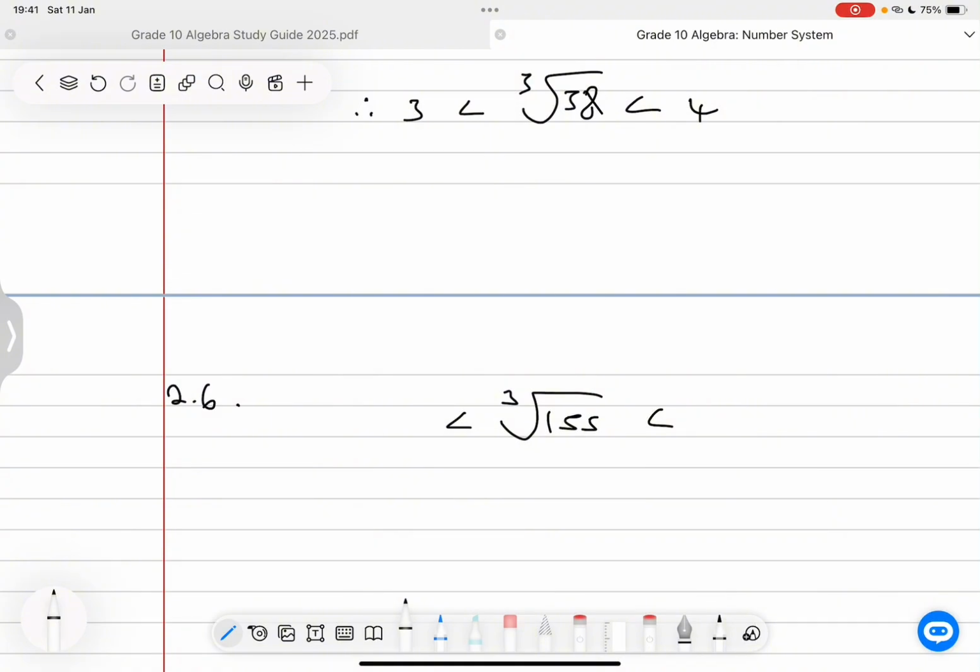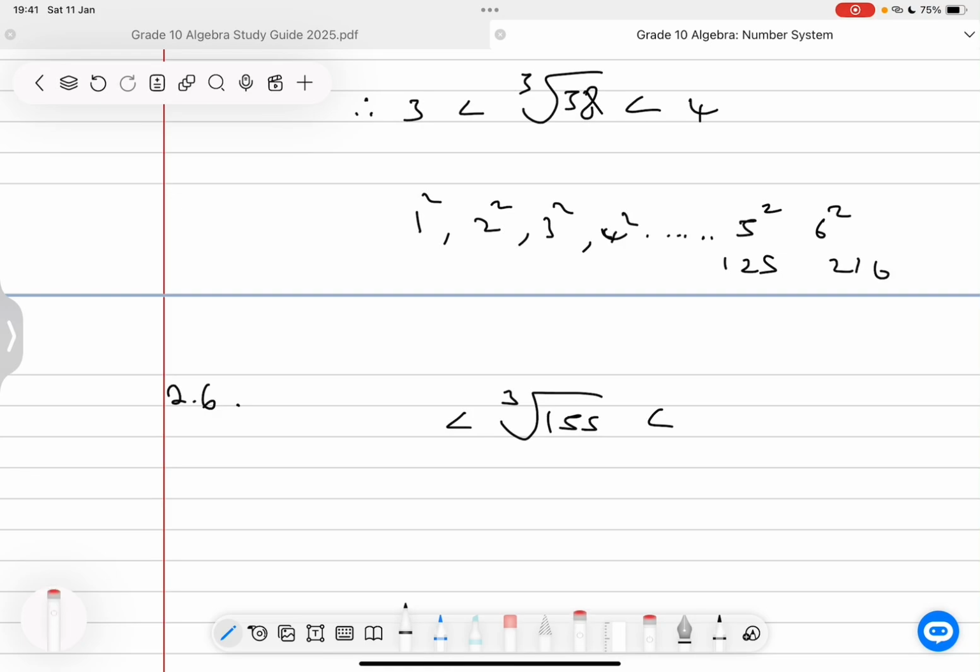But again, what you can do is check all these numbers: 1 cubed, 2 cubed, 3 cubed, 4 cubed, and if you continue doing that, you get to a point where 5 cubed gives you 125, but 6 cubed gives you 216.